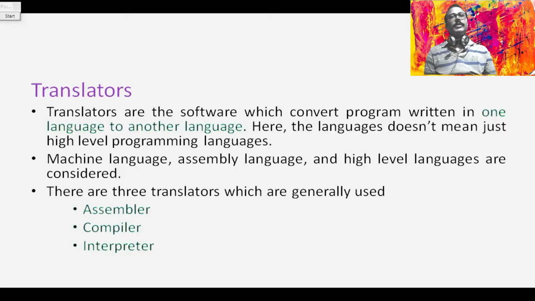Translators. As we discussed, a translator is a program which translates from one form to another form. Because here we are interested in languages, a translator is one which translates from one language to another language. If we restrict ourselves to programming languages, then you can have compiler, interpreter, and assembler.